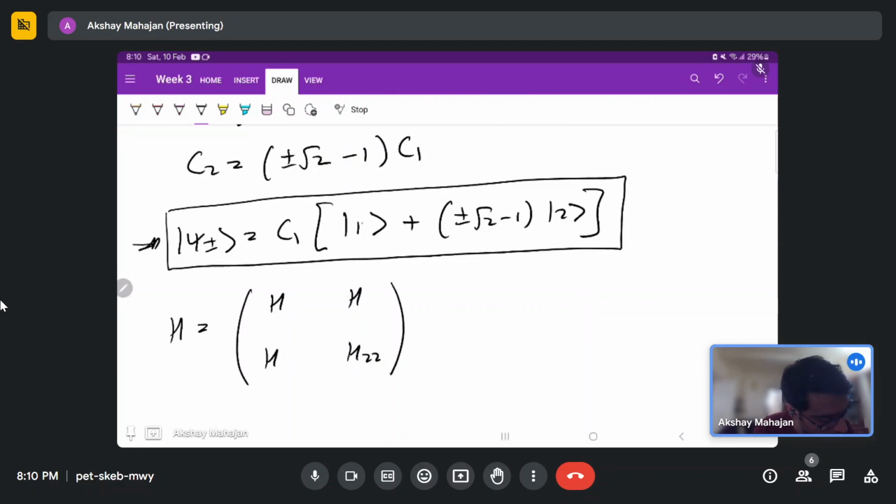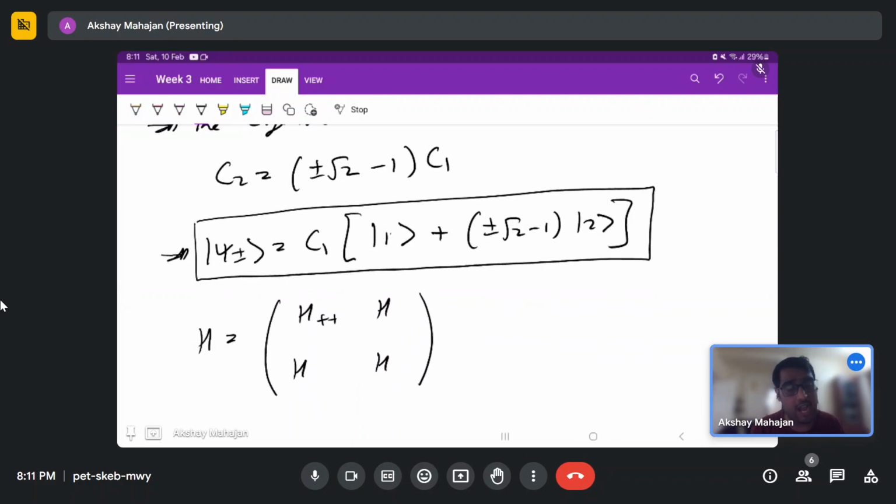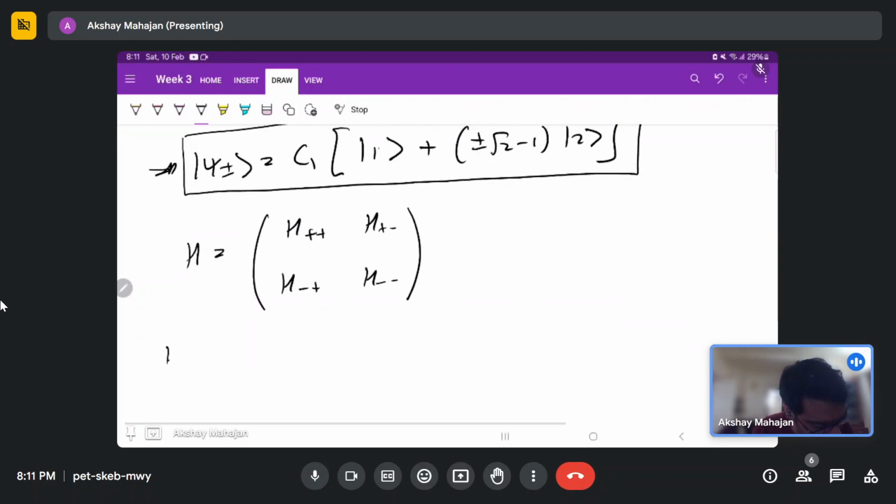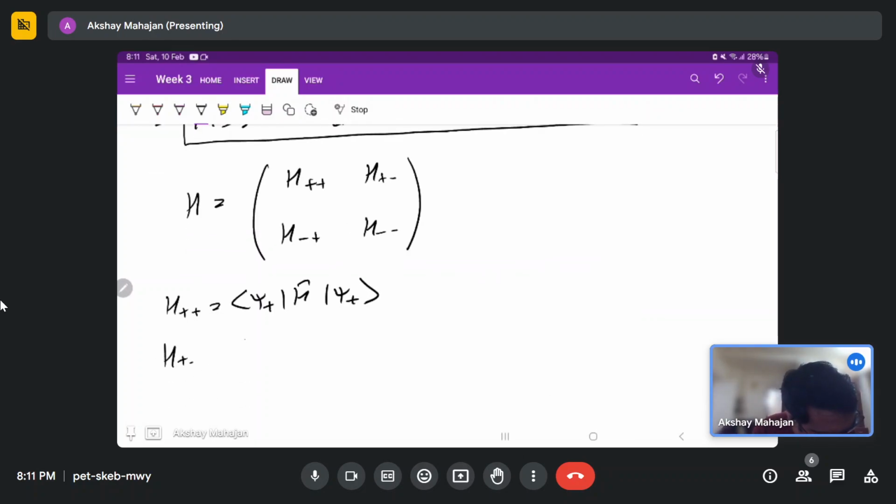This is not asked in the question, but if we write our Hamiltonian taking the eigenvectors of that Hamiltonian as our basis, then H plus plus is psi plus H cap psi plus, and H plus minus equals psi plus H cap psi minus.